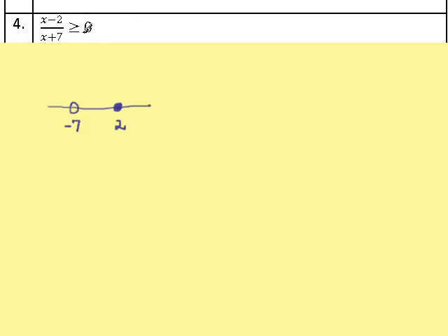We want to know when is this positive or 0. Okay, so let's do our plus minus analysis. Let's say if we put in 3, we have positive divided by positive. If we put in between minus 7 and 2, we have negative divided by positive.